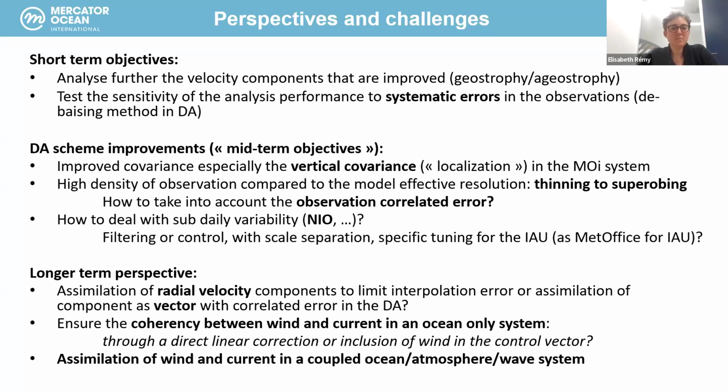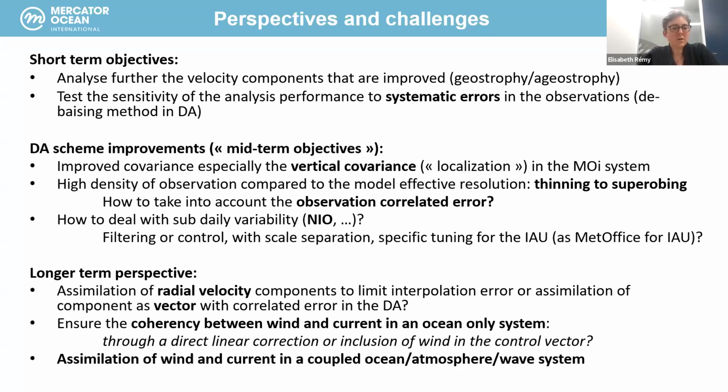And in terms of midterm objectives, we would like to improve the way the information from the surface is projected at depth through vertical covariance. And we think we expand too much on the vertical the information at depth, especially at the equator, and we may restrain this projection of surface velocity to the mixed layer.